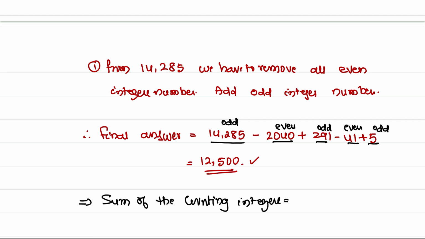Here I am not talking about integers getting deleted. Sum of the counting of integers. That means, as k is equal to odd, it is equal to 12,500.